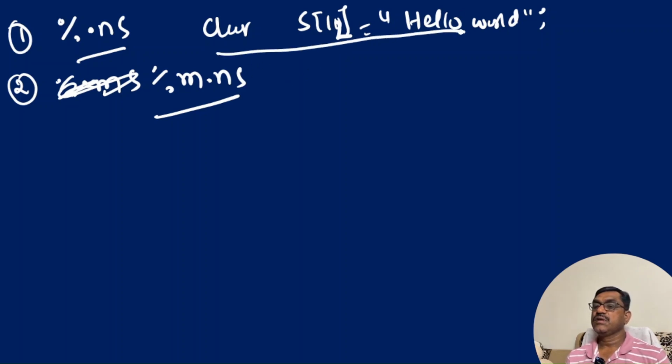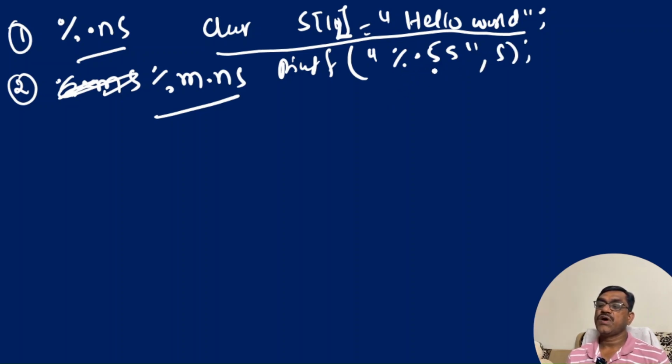Now after giving this string, if I write printf in double quotes percentage dot 5s, double quotes close comma s, what do you mean by percentage dot 5s? It means that from the entire string hello world, it is going to display only the first 5 characters.